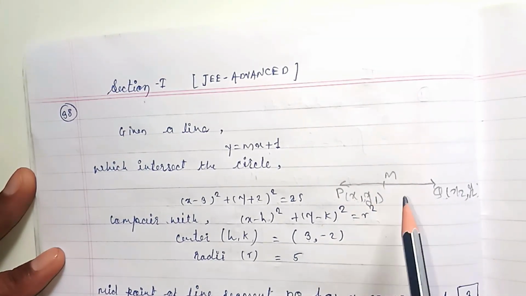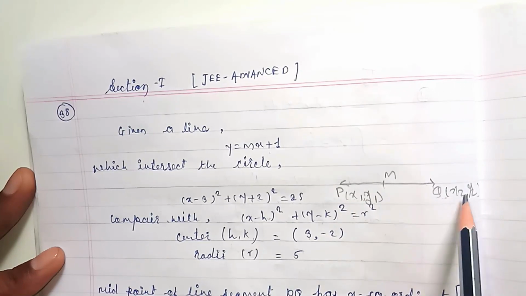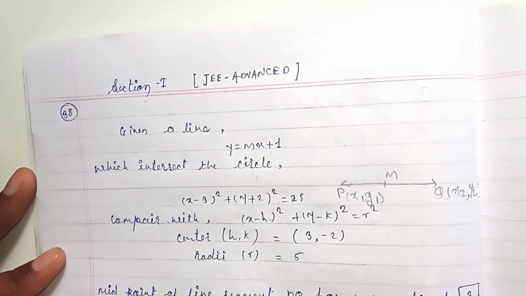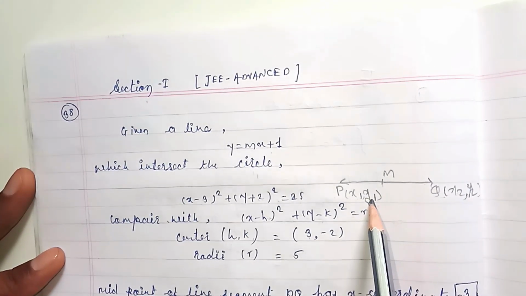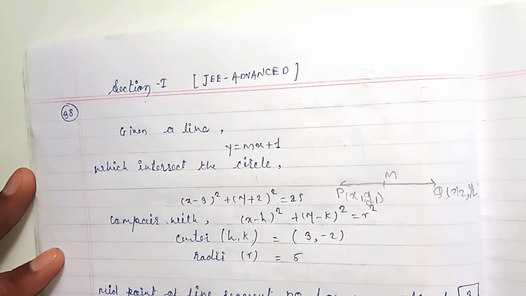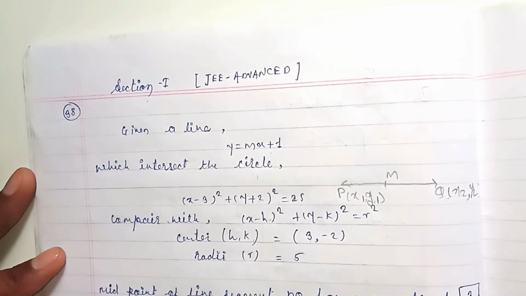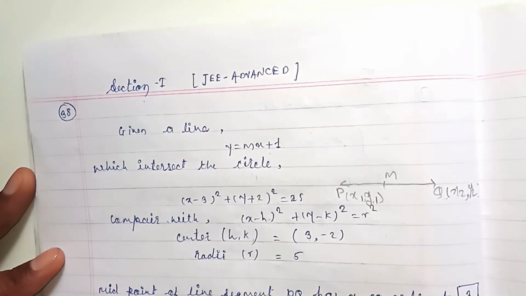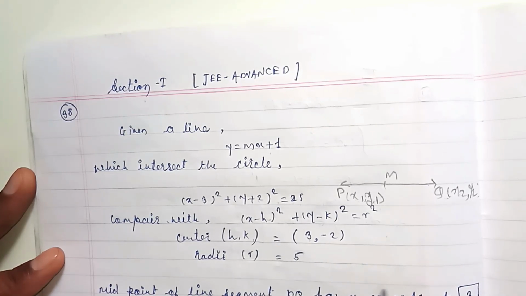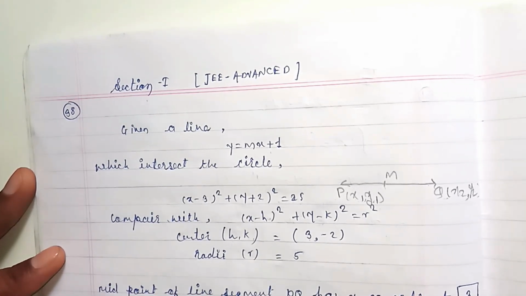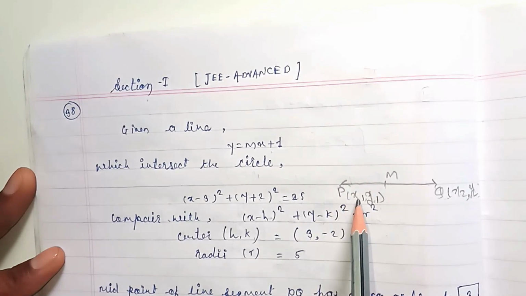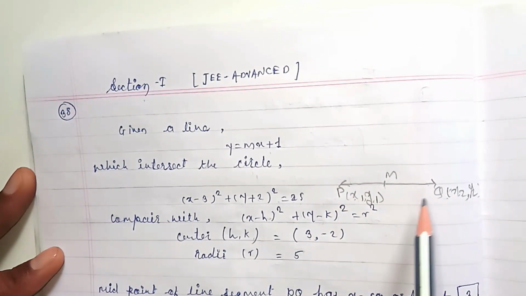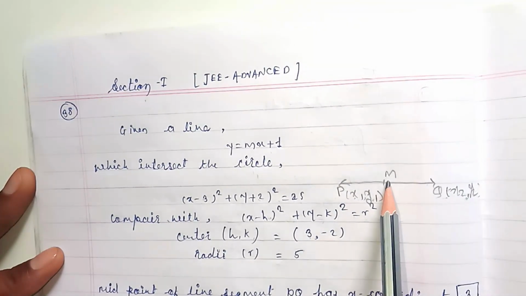So what is the x coordinate for that line? It is x1 plus x2 by 2. This one is only the x coordinate, and the y coordinate is y1 plus y2 divided by 2. So don't get confused about the x coordinate and y coordinate. In our question, we are given the x coordinate, which is negative 3 by 2. In the line segment, the first coordinate is always x and the second is always y.